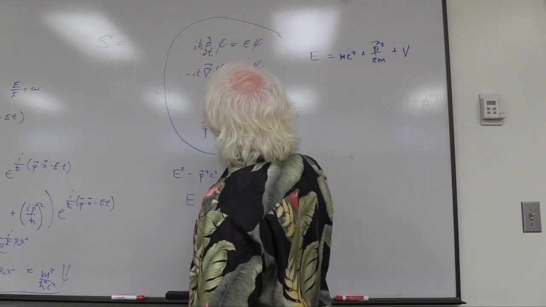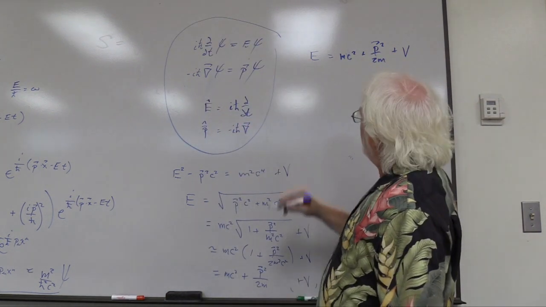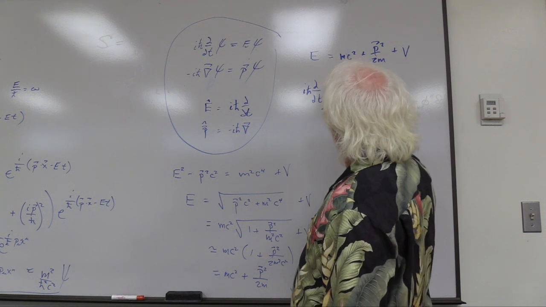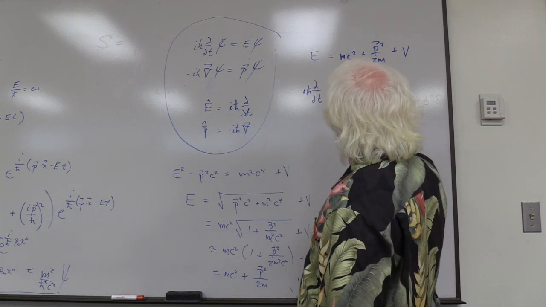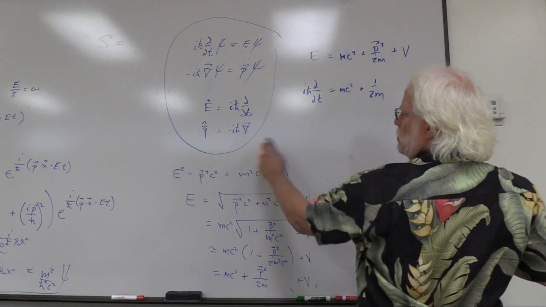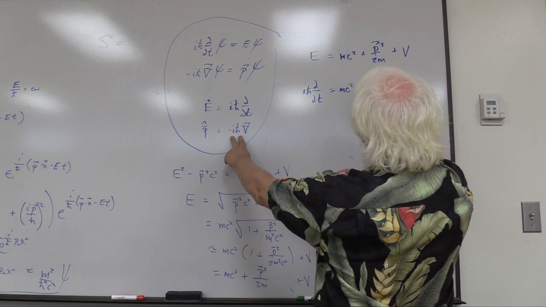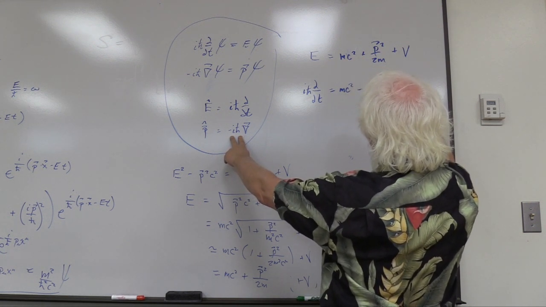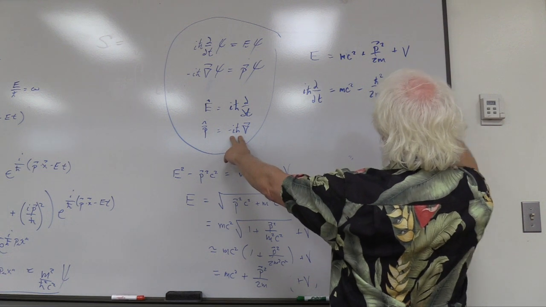And now I make these operator replacements. i h bar d/dt is mc squared plus 1 over 2m. The p squared becomes minus h bar squared del squared, and then I have the V.